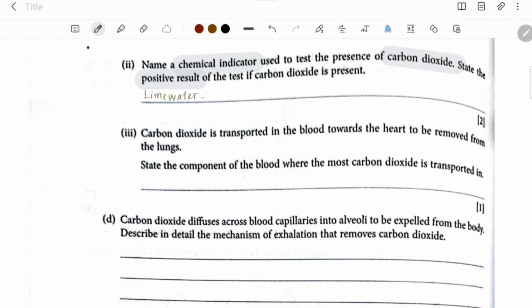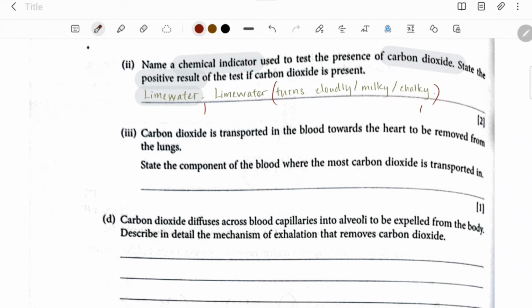And then after that, the positive result: lime water turns cloudy or milky or chalky. So first mark is here. And then second mark, choose one from cloudy, milky and chalky.